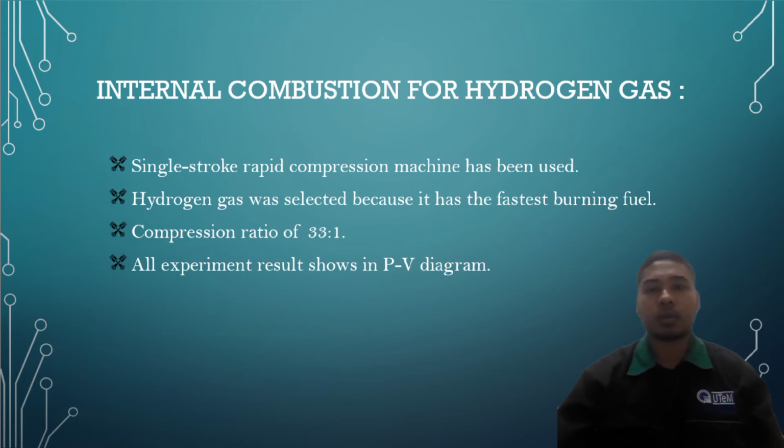This experiment was carried out in a single stroke rapid compression machine with a compression ratio of 30:1 and an initial temperature of 24 degrees Celsius. But we need to first determine the internal energy to evaluate the efficiency based on each cycle which are recorded previously.